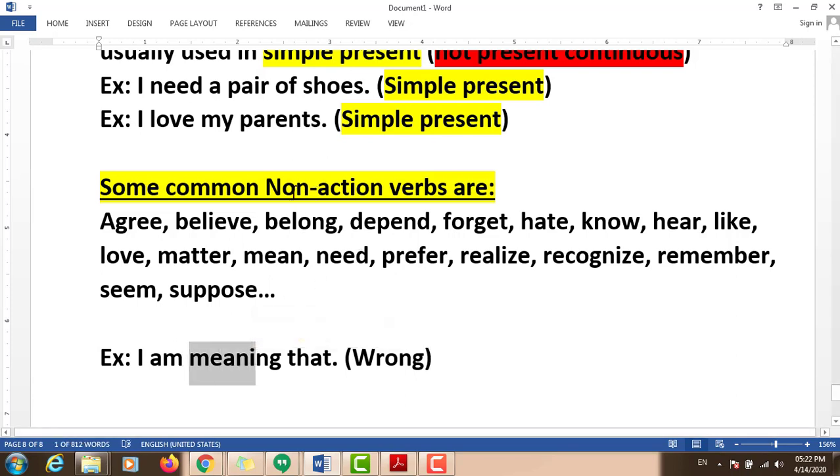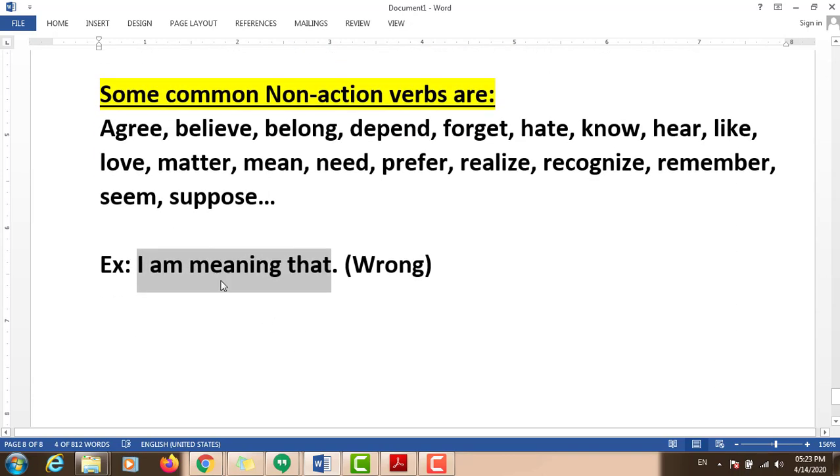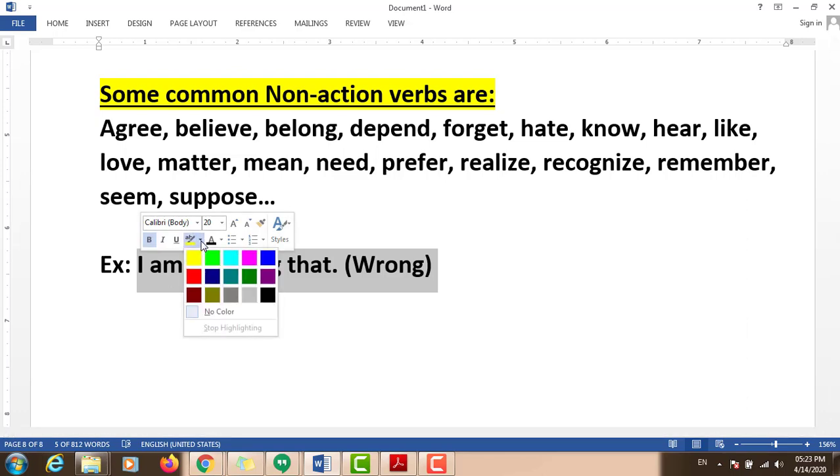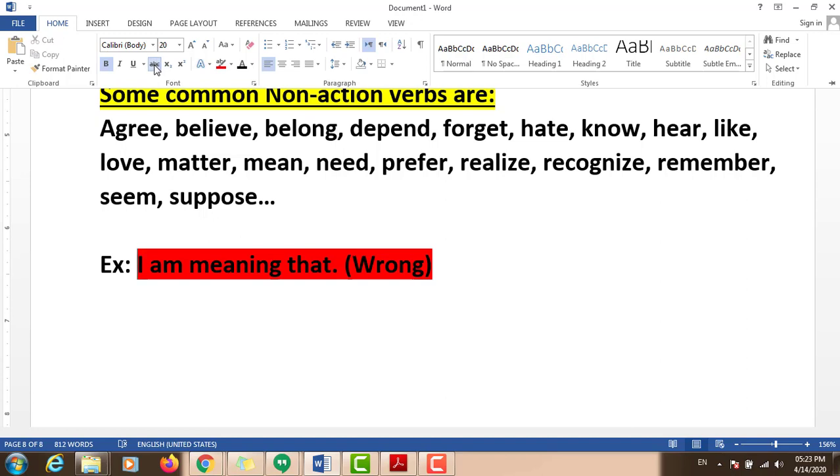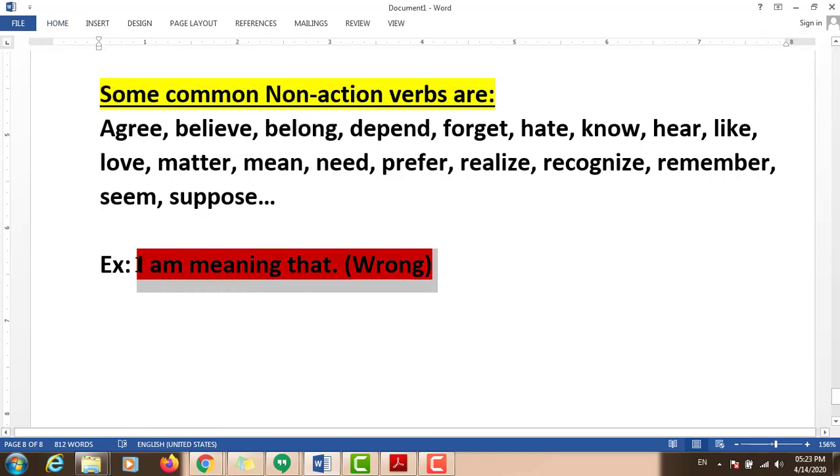Mean is a non-action verb and your tense is present continuous. No, you cannot use this. I am meaning that. So this sentence is completely wrong, and let me mark it like this. Wrong.